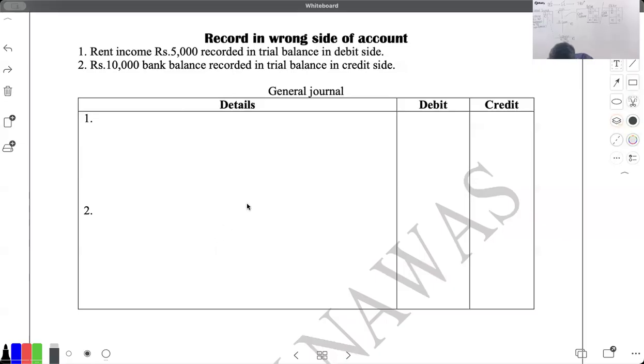Danish, I think again you are making a mistake. Give it a thorough check. Rent income 5,000 recorded in trial balance in the debit side. Again, the GL is perfect, Danish. Why are you adjusting the GL? Think twice. I want you to think twice.